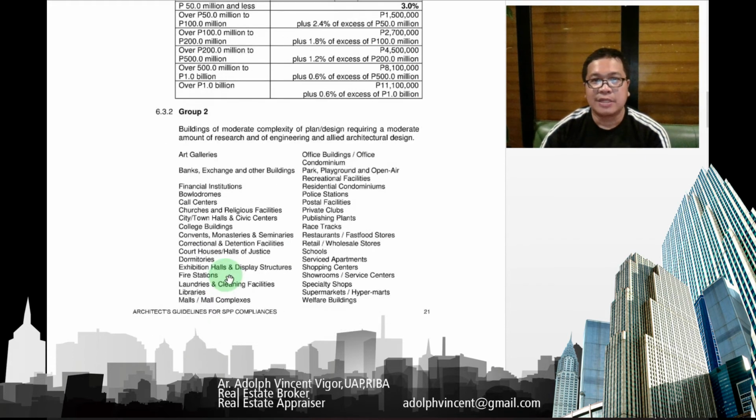Next is Group 2, which are buildings of moderate complexity of planning or design requiring a moderate amount of research and of engineering and allied architectural design. These are the art galleries, banks, financial institutions, velodromes, call centers, churches, schools, service apartments, specialty shops, welfare buildings, etc. Condominiums are also included in this classification.